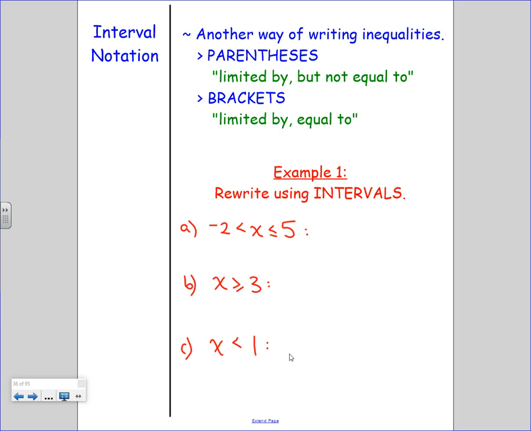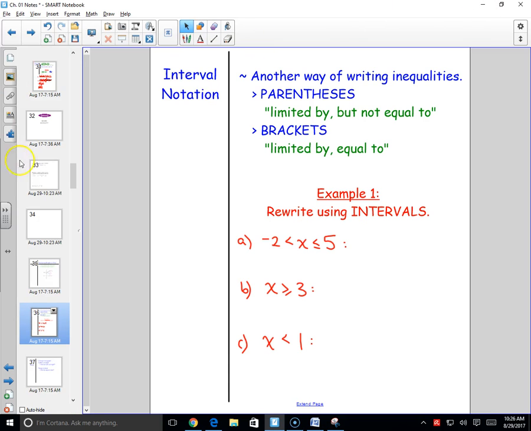You don't even need to really skip lines in between the examples. It shouldn't take a lot of work as far as showing work.